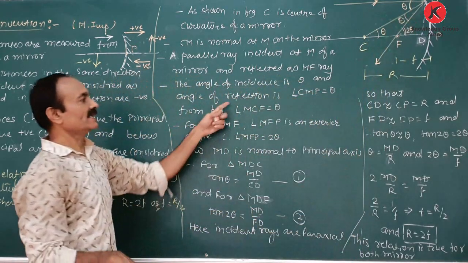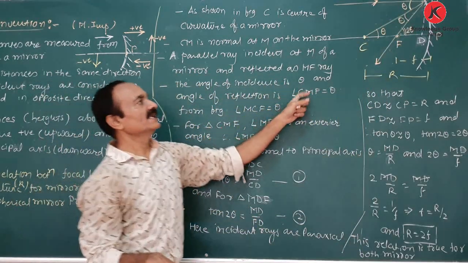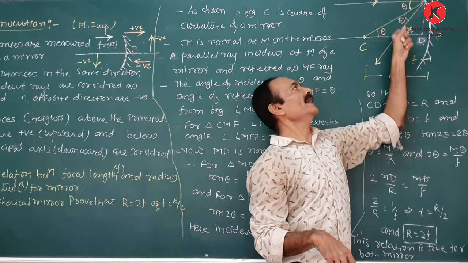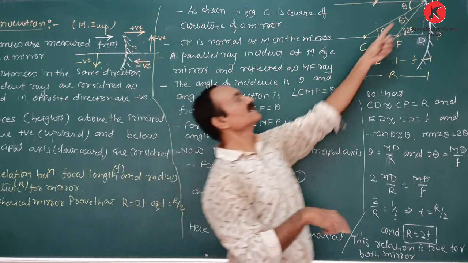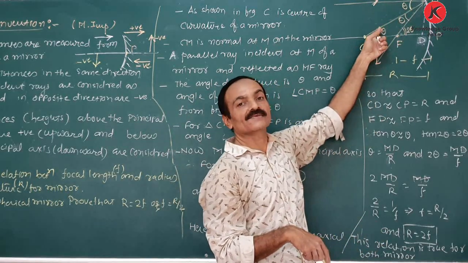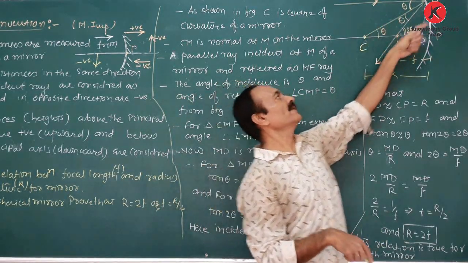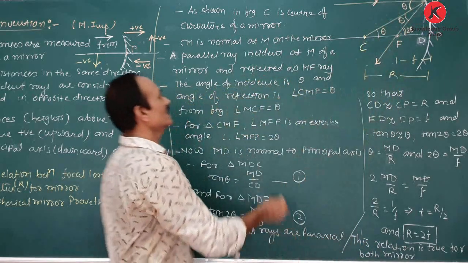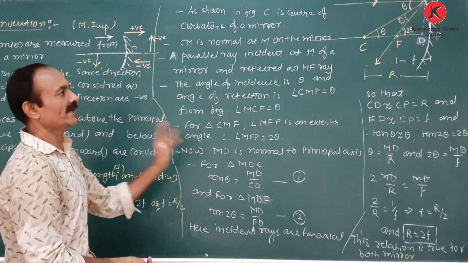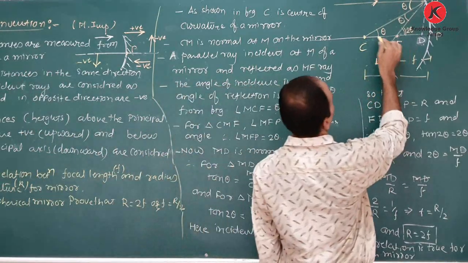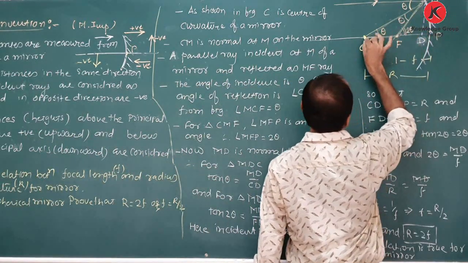Therefore, the angle of reflection, angle CMF, is theta. Now, from the geometry of the figure, this angle is theta, so this angle is also theta. Therefore, angle MCF is also theta.